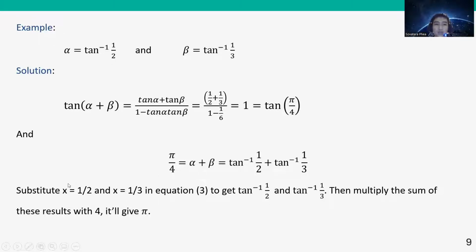Then we can substitute x equal to 1 over 2 and x equal to 1 over 3 into equation number 3 in the last line to get the value of arctangent 1 over 2 and arctangent 1 over 3. And then we multiply the sum of this result by 4 and it will give us pi.